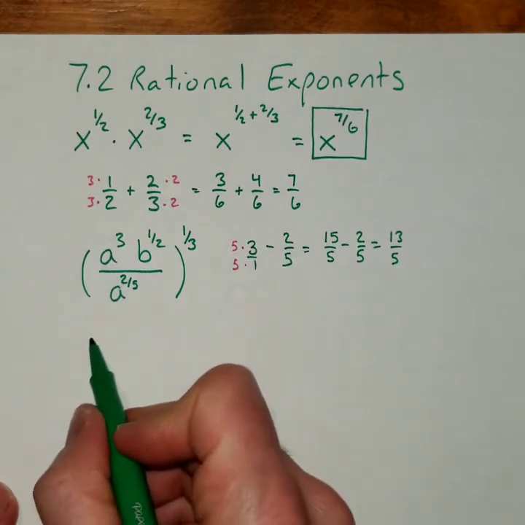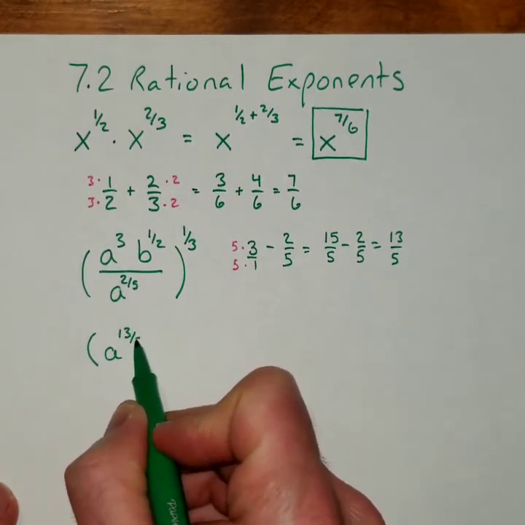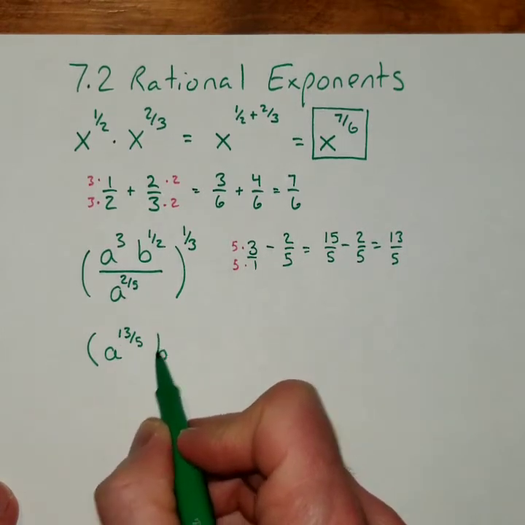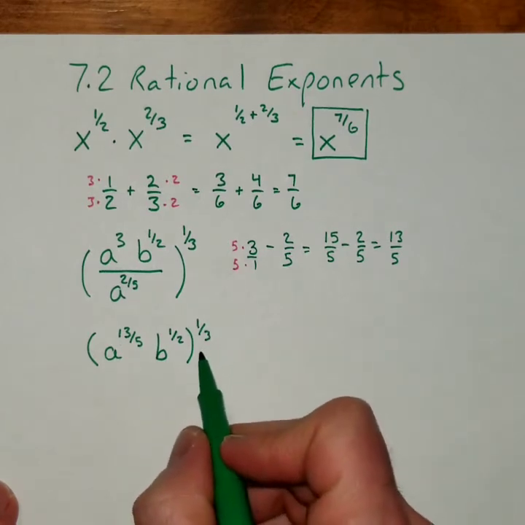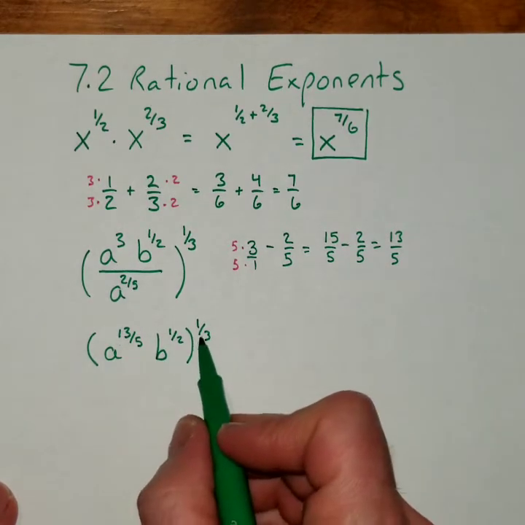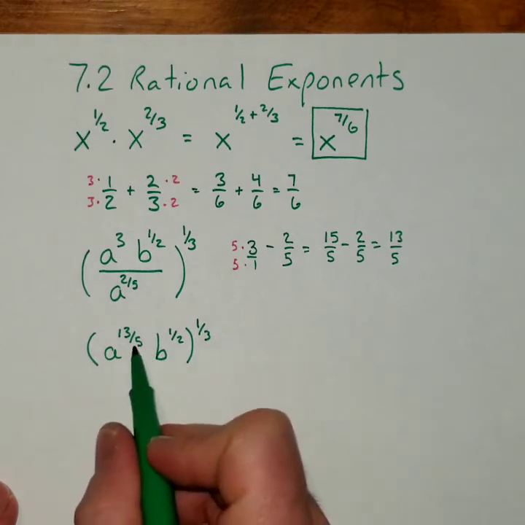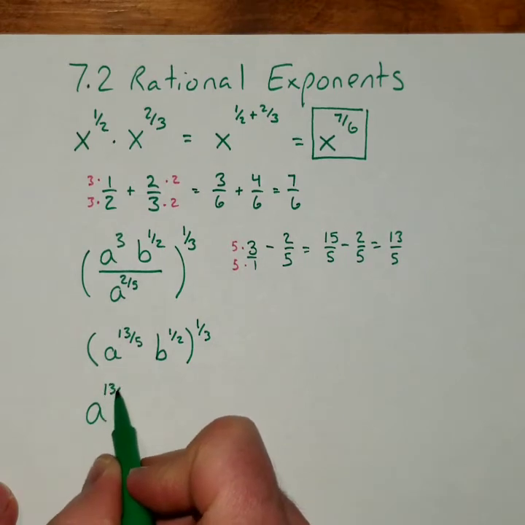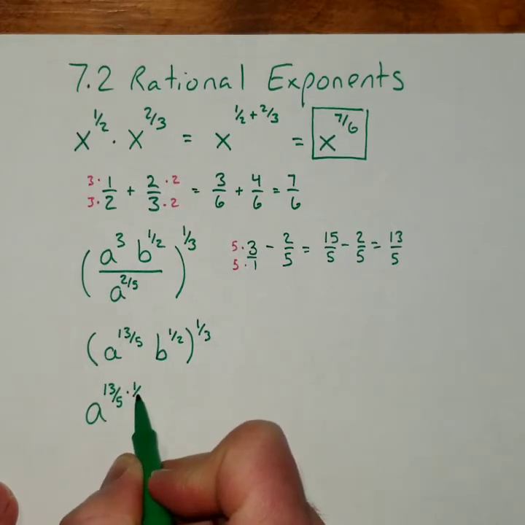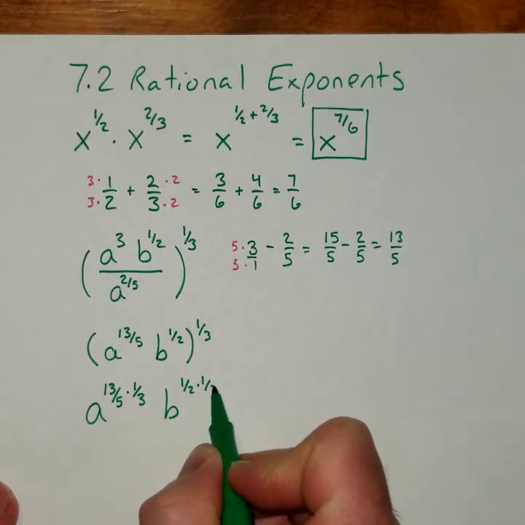So my a's in the parentheses become a to the 13/5 times b to the 1/2, and of course then we have our 1/3 power, which according to our product to a power rule, we bring that 1/3 in and multiply it to each of those powers. So it's a to the 13/5 times 1/3 and b to the 1/2 times 1/3.